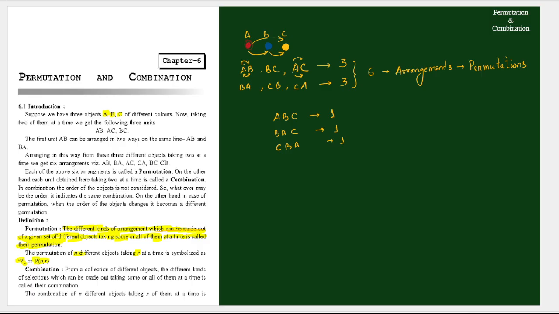So here also maybe you can get again A, B, C, B, A, C. So this is your permutation.